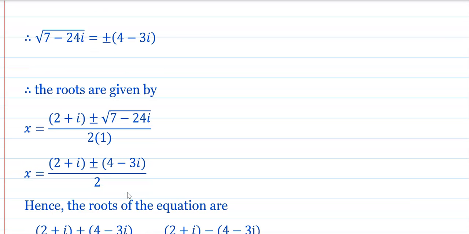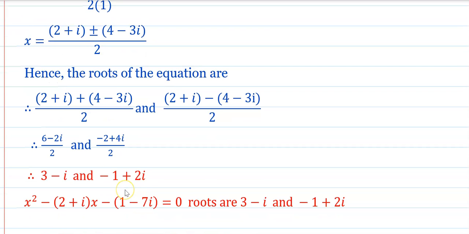Now again we have x equals (2 plus i) plus or minus the square root of 7 minus 24i, upon 2 into 1. We have already found the root of this, plus or minus (4 minus 3i). Once we take plus, once we take minus. So 2 plus i plus (4 minus 3i) upon 2, and 2 plus i minus (4 minus 3i) upon 2. 4 plus 2 is 6, plus i minus 3i is minus 2i, upon 2.